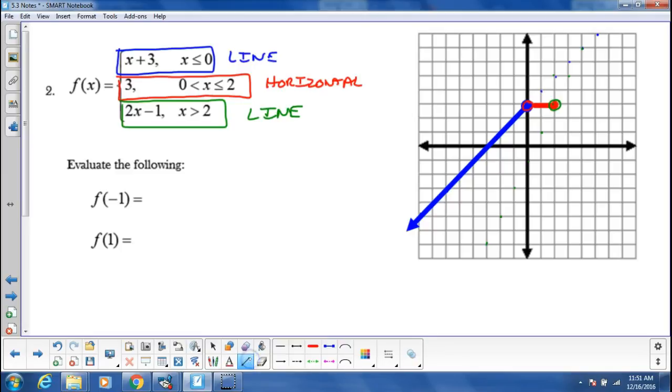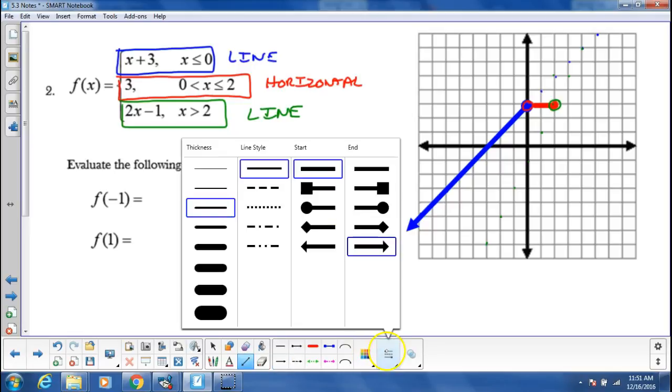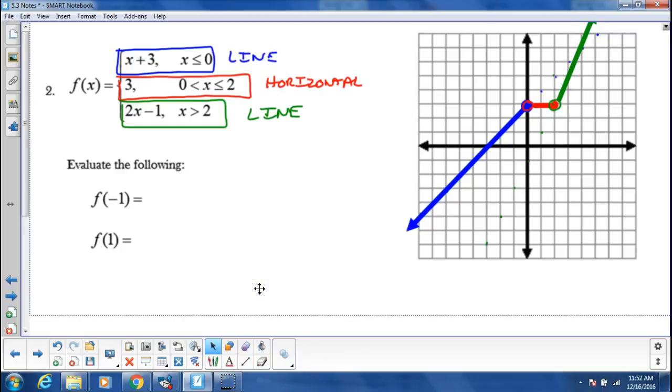And then I continue on with my line. Okay? So even though I have that x-intercept, I don't continue on with that until I get to that point.